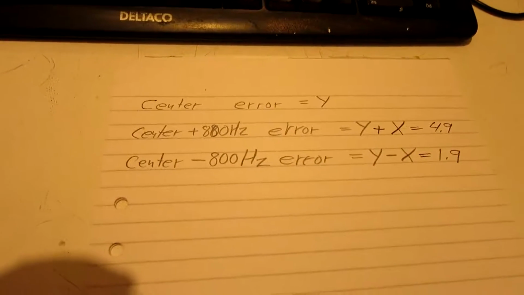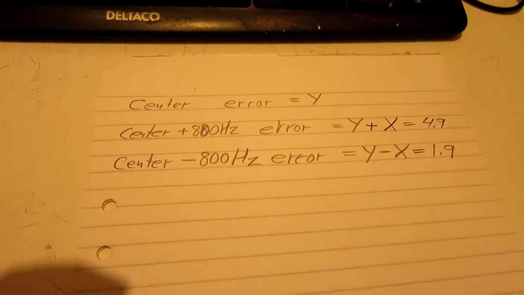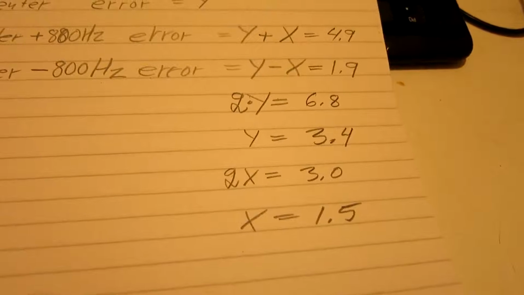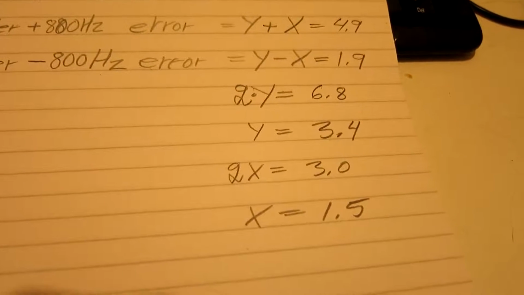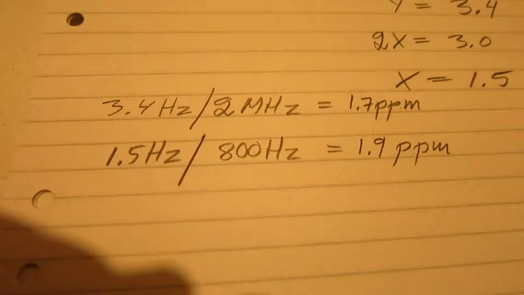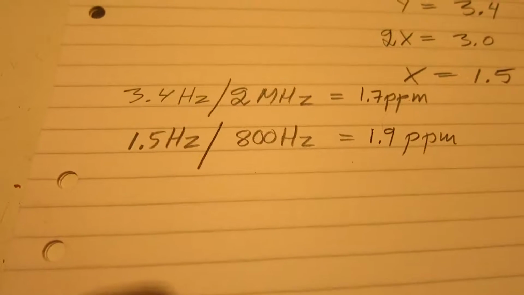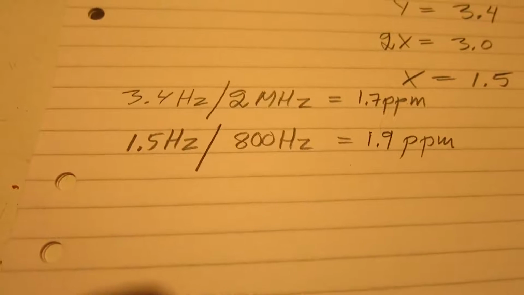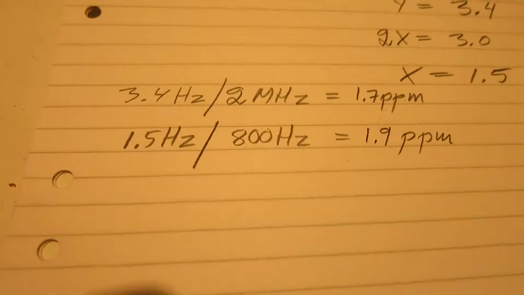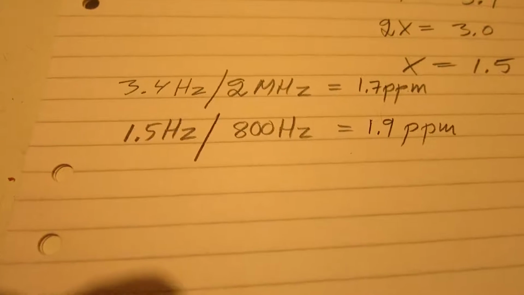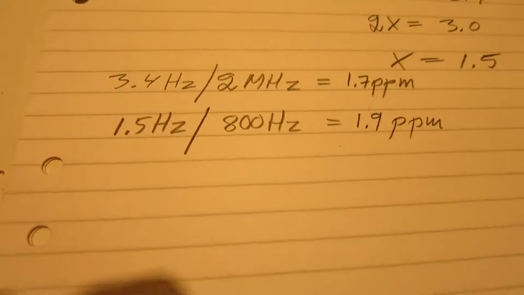So I can set up these equations. I take the sum and the difference of the two equations, and then I find x and y. From this I find that the error on the center frequency is 1.7 parts per million, and that the error in the offset from the center is 1.9 ppm.